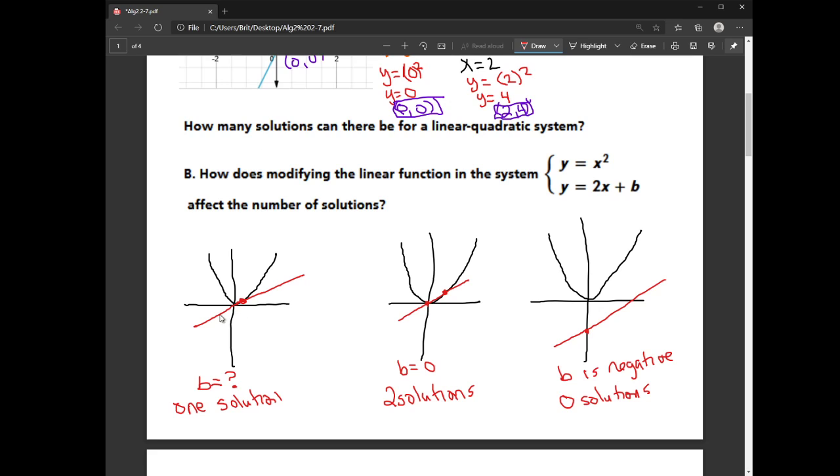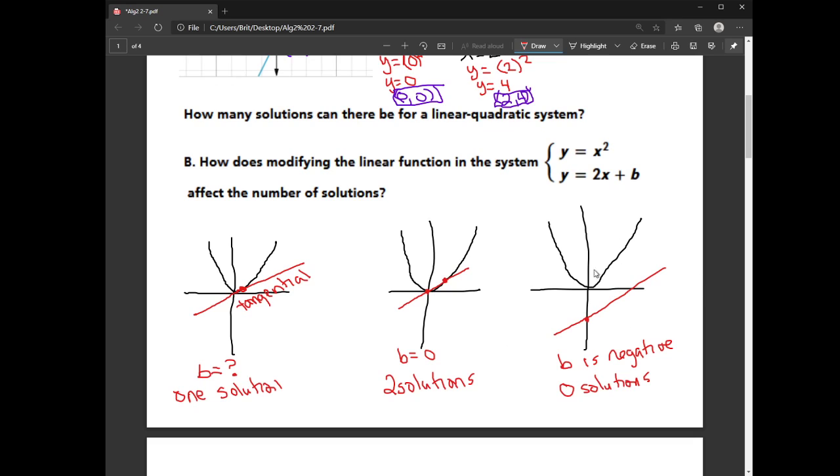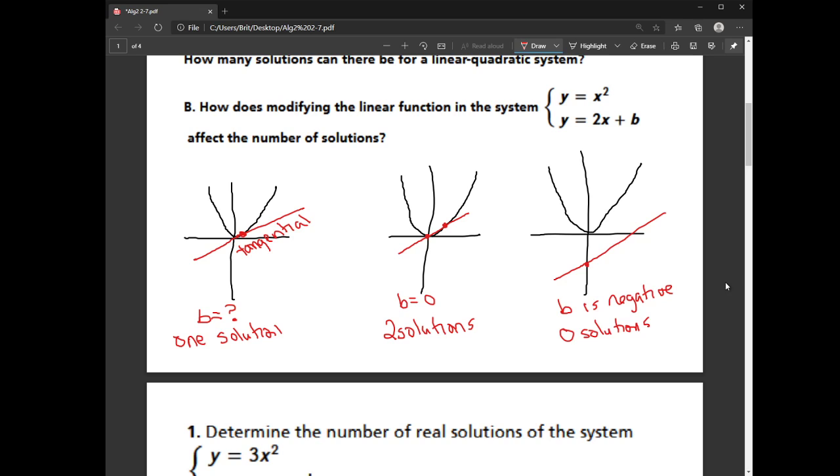We call that being tangential. So that b value, shifting the line up and down here, can get us 0 solutions to where they never intersect, 2 solutions where the line crosses twice, or it can be tangential, which will produce one solution.